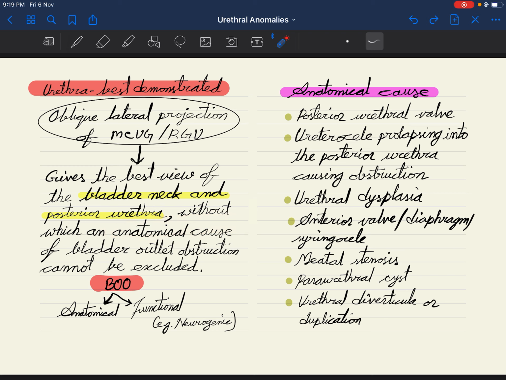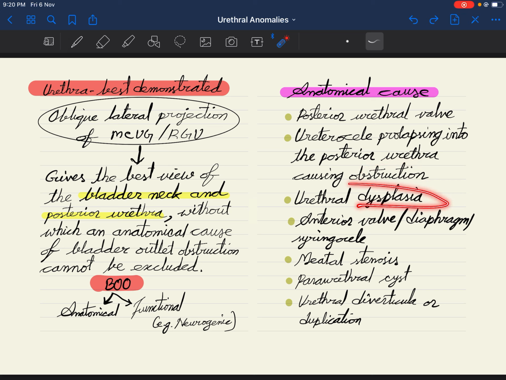Bladder outlet obstruction may be due to anatomical cause or due to functional cause such as neurogenic, and anatomical cause of bladder outlet obstruction has a lot of causes, but the number one and most important cause is the posterior urethral valve. And ureterocele, if it prolapses into the posterior urethra, it may cause obstruction.